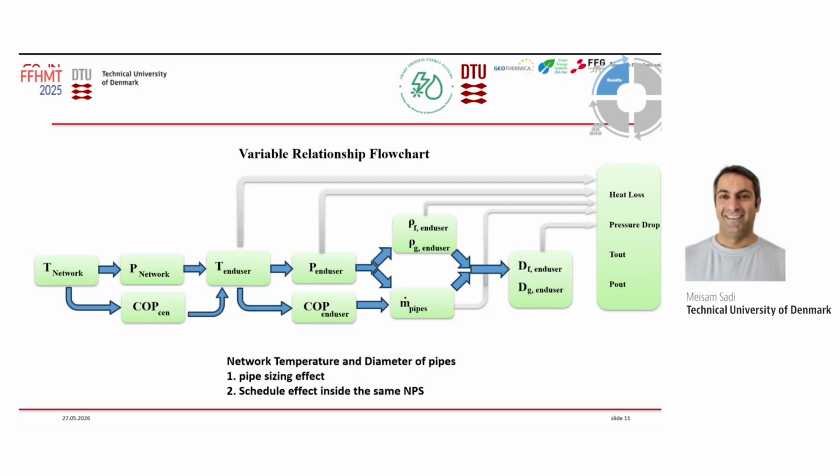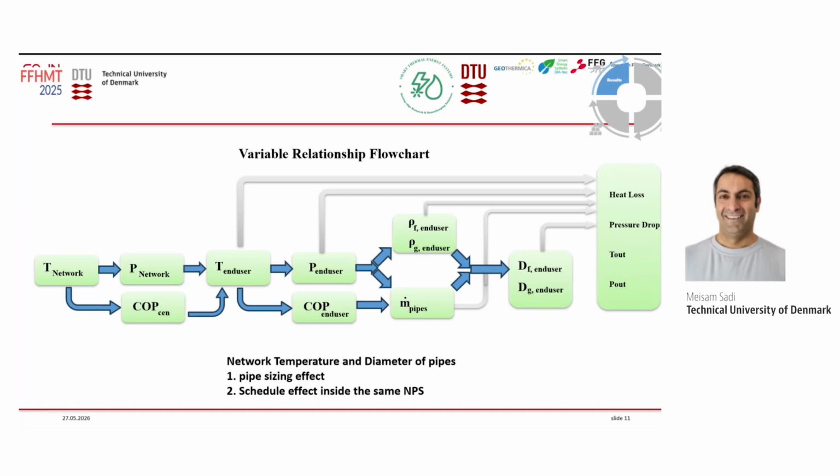I do not want to go into the details too much, but we know the temperature of the network directly and also indirectly impacts different parts of the system. When the network temperature changes, it can impact the end user temperature or the pressure of the network. It can impact the performance of the central and decentralized heat pumps.